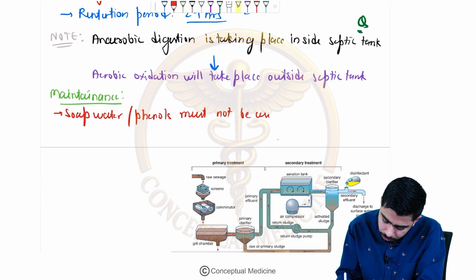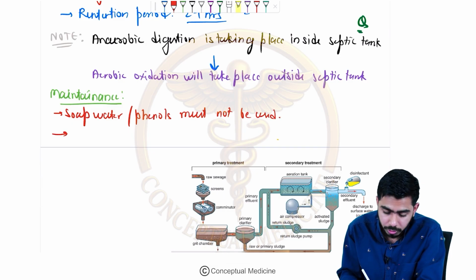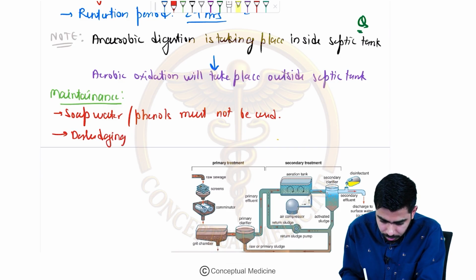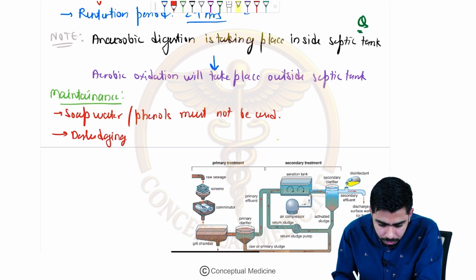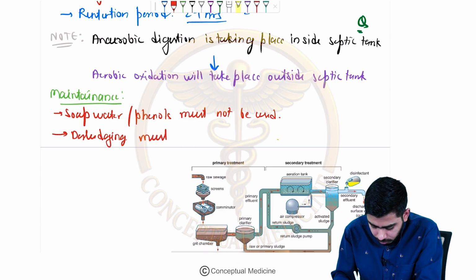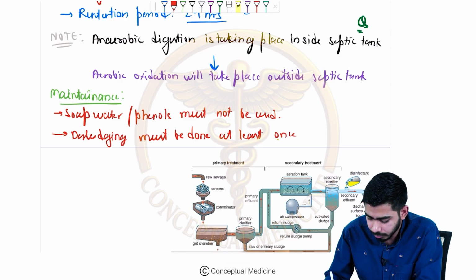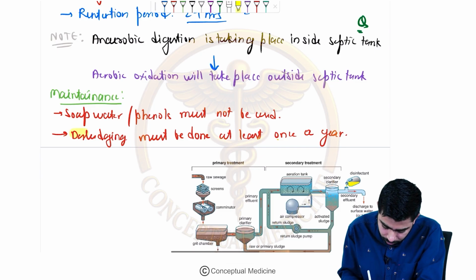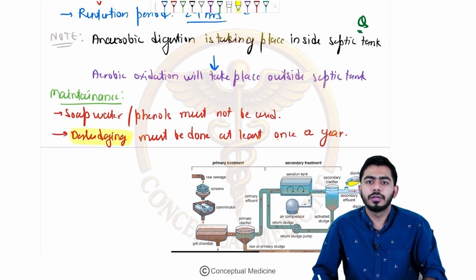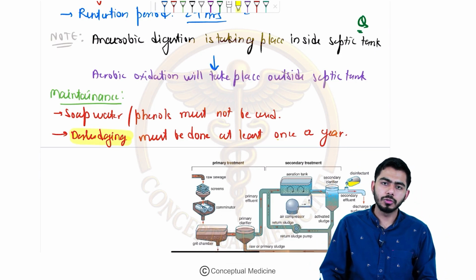Rather, you will be using the desludging process. Desludging must be done at least once a year. So desludging has to be done, but soap water or phenol should not be used.